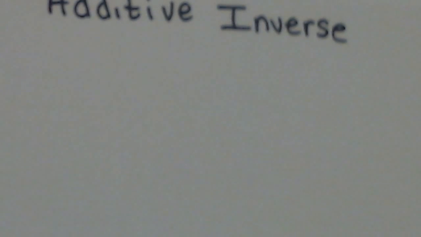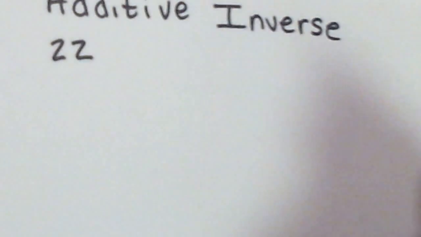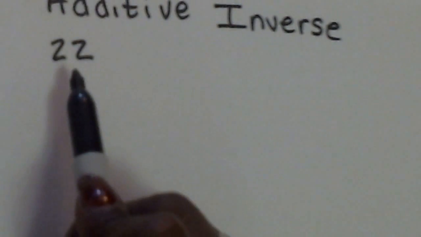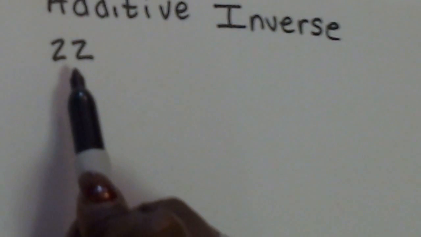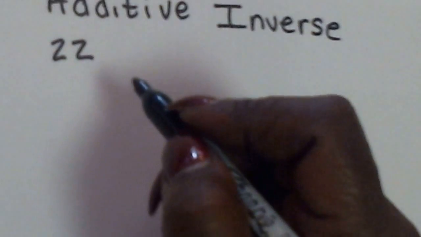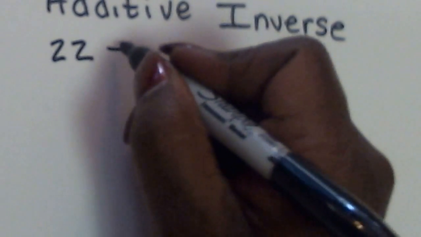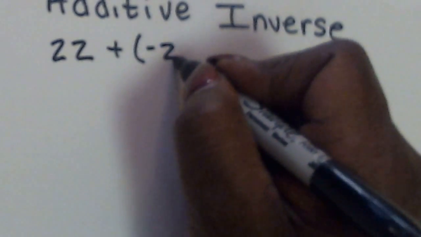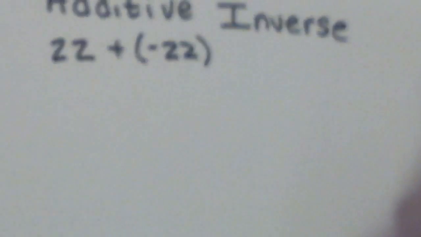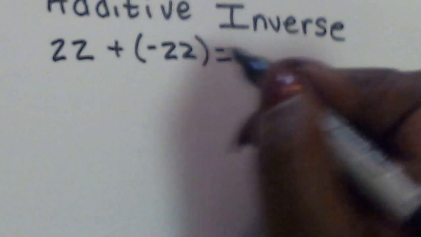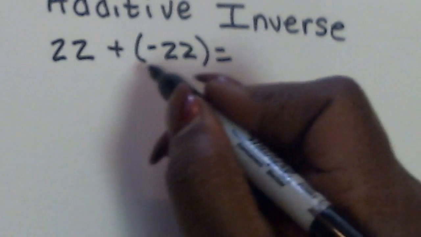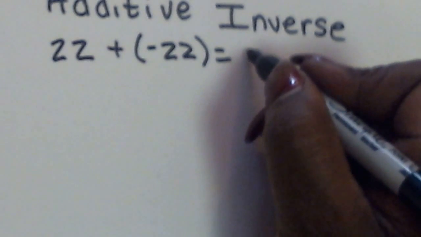So that means that if you have a number, say 22, you need to find the number that will bring 22 to 0. So I would add a negative 22. That's the additive inverse. And 22 plus negative 22 is 0.